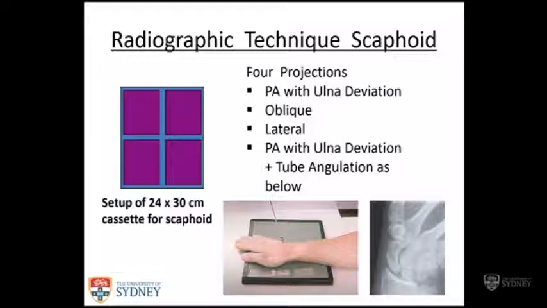So the tube is tilted to project up the arm. How much? Well, it depends. There are a range of options there too, but it's a PA with ulnar deviation and tube angulation, as shown below.